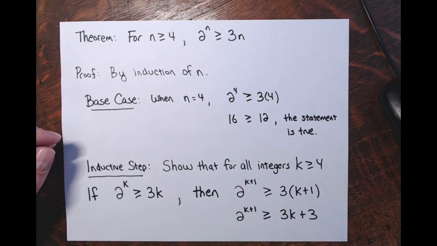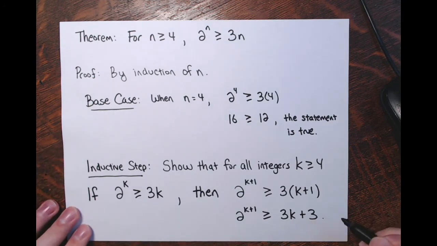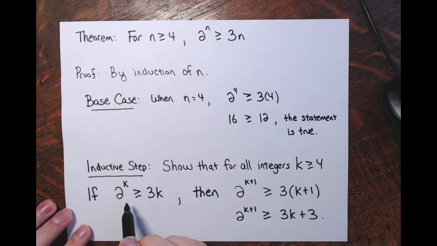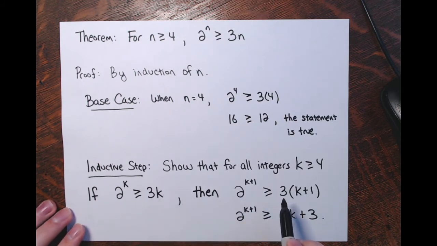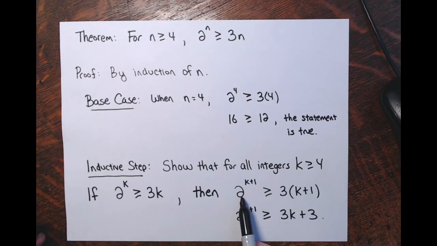All right. So again, we're going to assume this hypothesis and then show the conclusion. Again, you can't start with this. You have to start with one side and show it's greater than or equal to the other side, or start with the right side and show that it's less than or equal to the left side. But you can't start with the inequality. You have to show the inequality from one side to the other.